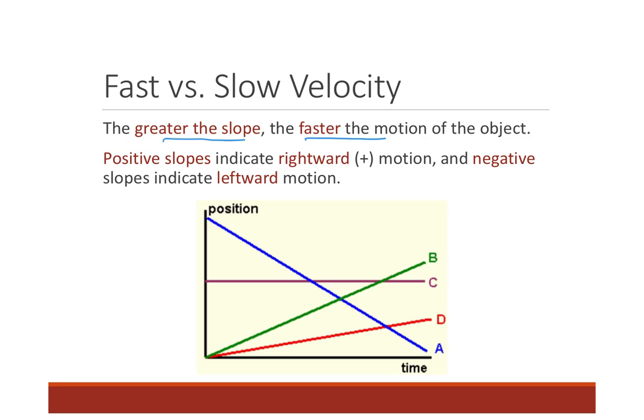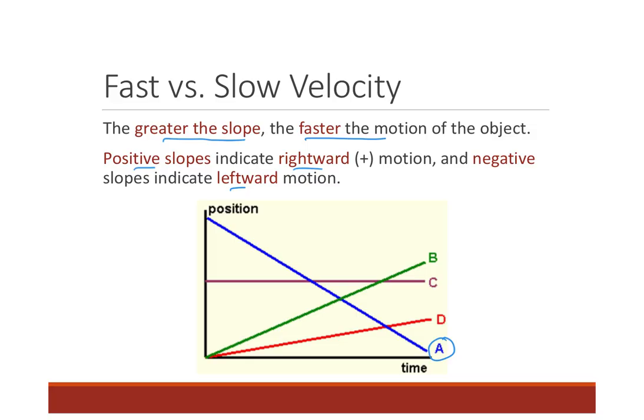As already said, positive slopes are seen by motion to the right from the 0 corner, and negative slopes would be seen by moving to the left. Looking at these 4 lines given here on this illustrated graph, line A is a negative slope. It is moving downward.